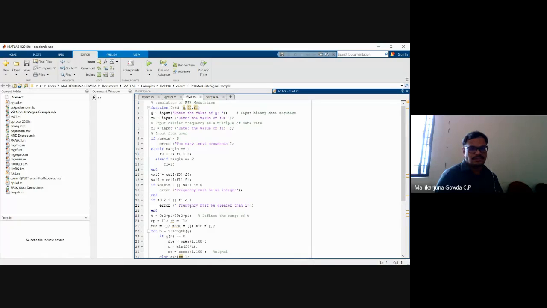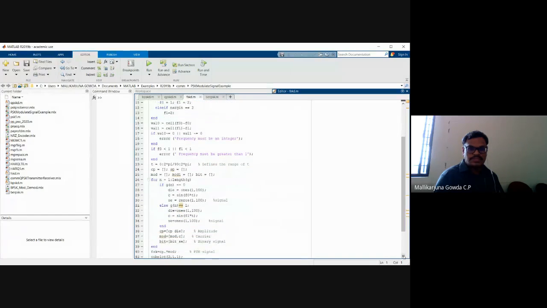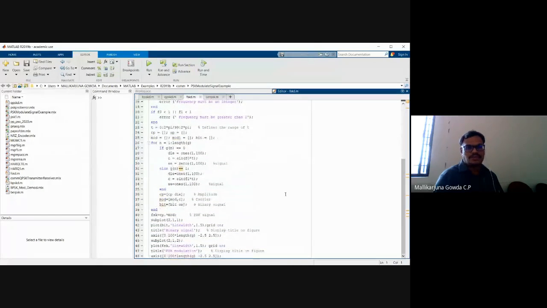So the rest of the logic is almost the same. Defining the time axis, then this is one statement for the FSK modulation. Most of the steps are similar. Here FSK is equal to what? This is the input binary sequence magnitude, which is multiplied by the carrier frequency.